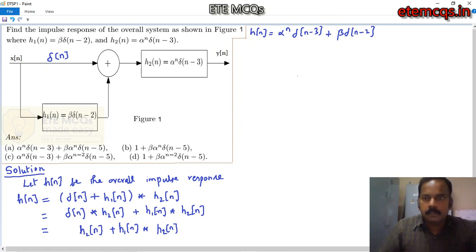This is convolved with h2 of n. What is h2 of n? h2 of n is nothing but alpha power n into del of n minus 3. This is all we have.